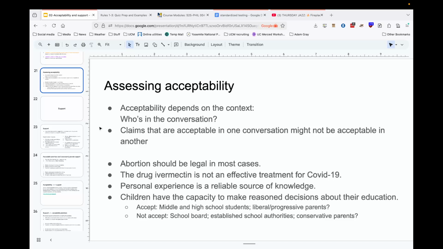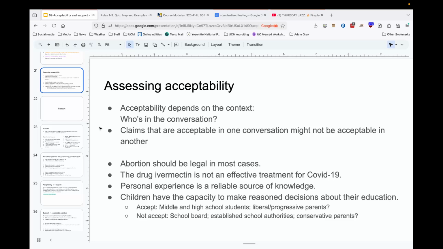We talked about how acceptability isn't based on belief or deep commitment, with the example of myself as a non-theist or my friend Sabrina, the Zen Buddhist, giving a Christian argument in favor of migration. So we talked a little bit about that. We ended with this slide about assessing acceptability.